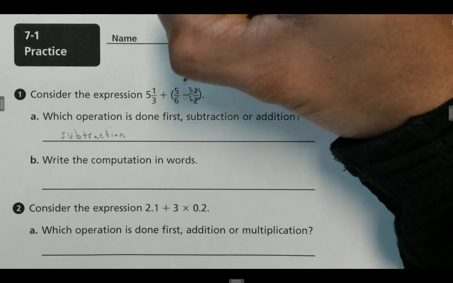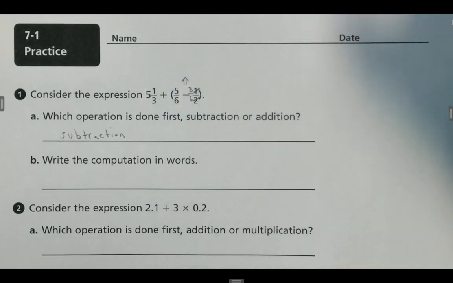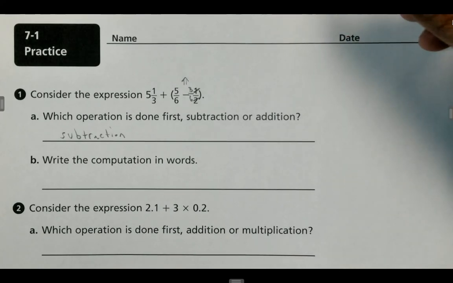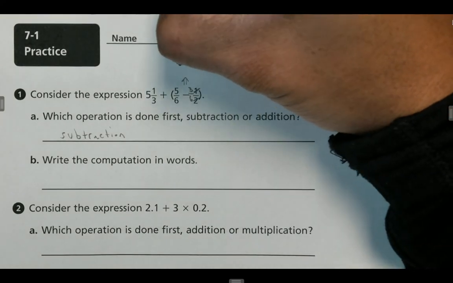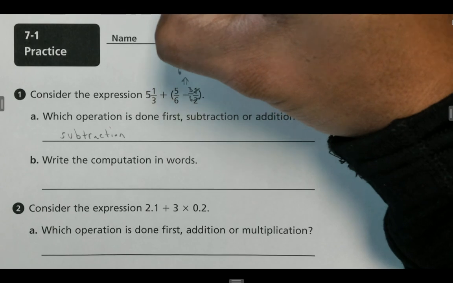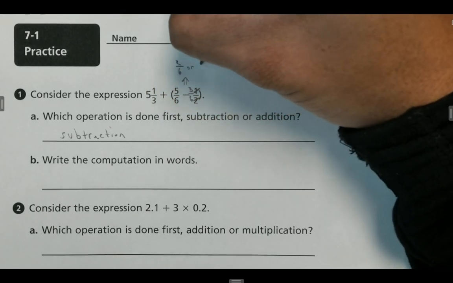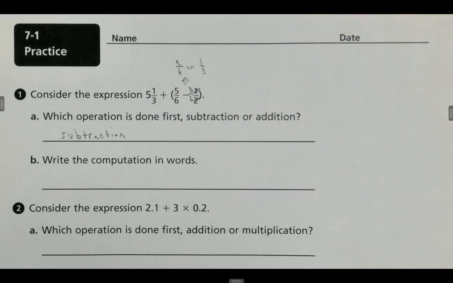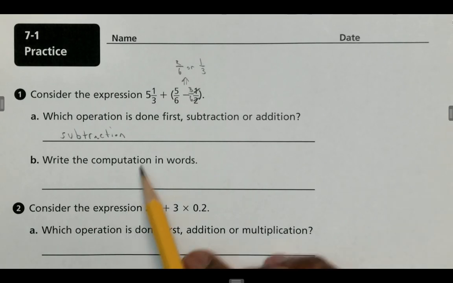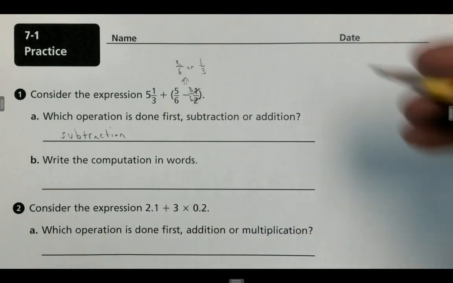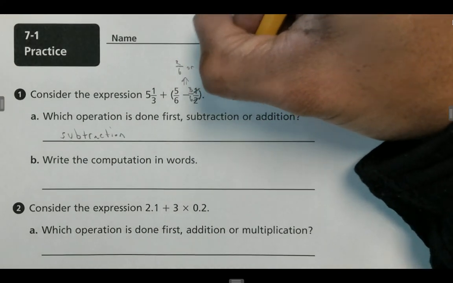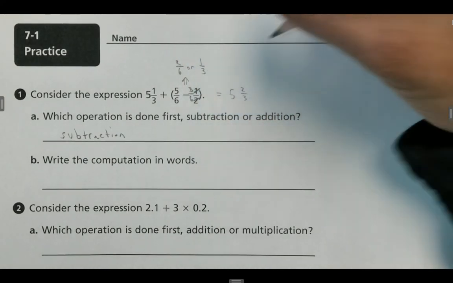And then this whole step inside parentheses becomes 5/6 minus 3/6, which is 2/6, or simplify to be 1/3. And then 5 1/3 plus the 1/3 equals 5 2/3.